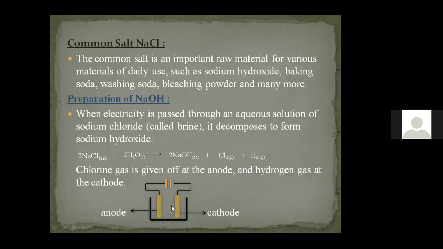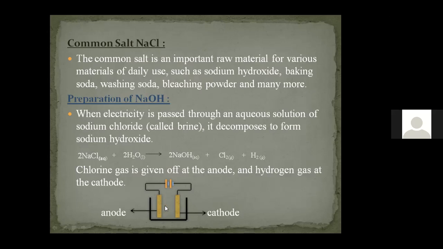These metals we call electrodes. We dip the electrodes in an aqueous solution of sodium chloride. Aqueous solution means the salt of sodium chloride is dissolved in water. And to this, we supply the electricity.